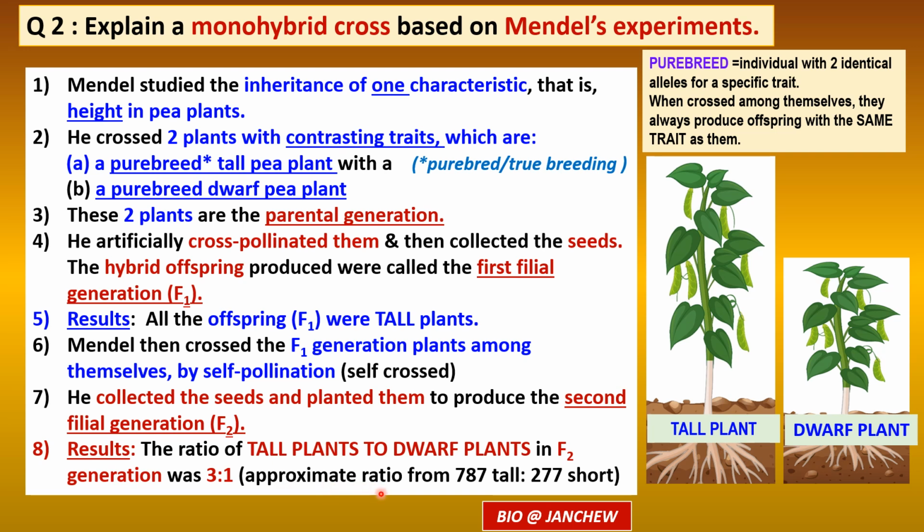He took thousands of the F2 generation plants and helped them reach maturity, and then he counted how many were tall and how many were short. This was his finding: 787 tall plants with 277 short plants. If you round the ratio of 787 to 277, you get this ratio of 3:1. When he repeated these experiments again, he always came up with the same results.